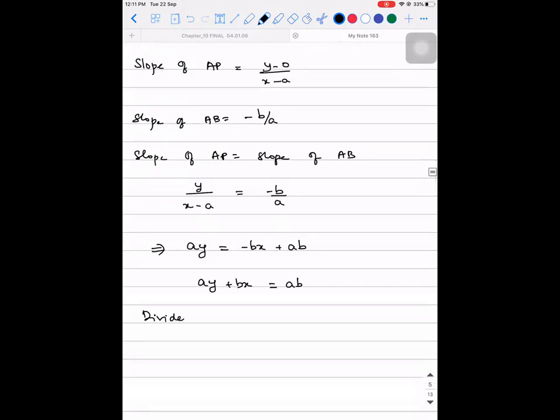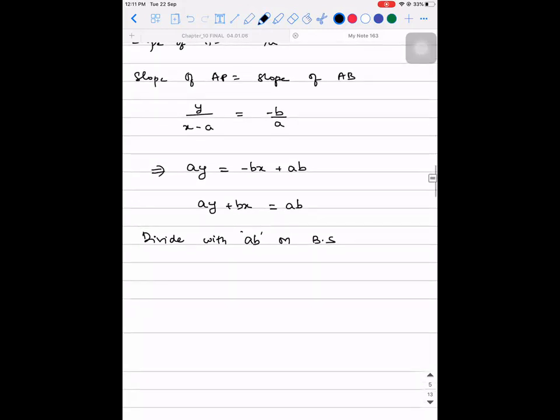I'm deriving, okay? Divide by ab on both sides. What do you get? ay by ab plus bx by ab is equal to ab by ab. So a and a will get cancelled, b and b will get cancelled. It will be y by b plus x by a is equal to 1.